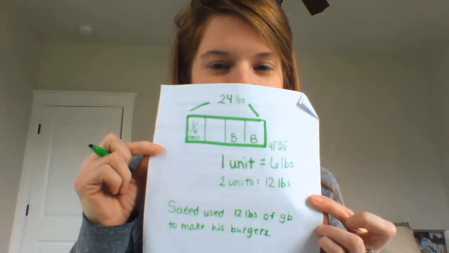So Saeed used 12 pounds of ground beef to make his burgers. And that is how we use tape diagrams in the Read, Draw, Write process.